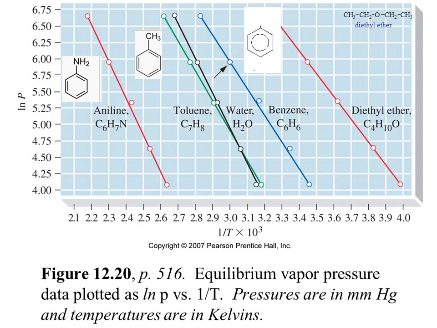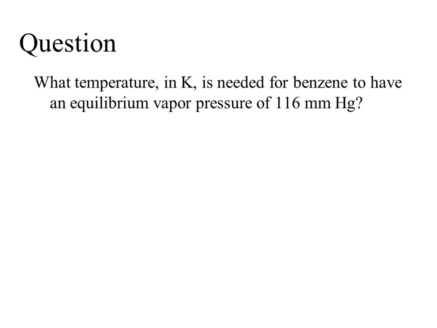So actually I think in the next slide, we're going to be picking on benzene. So these are all Clausius-Clapeyron plots. If we pick on benzene and use the previous thing, we could answer this question.